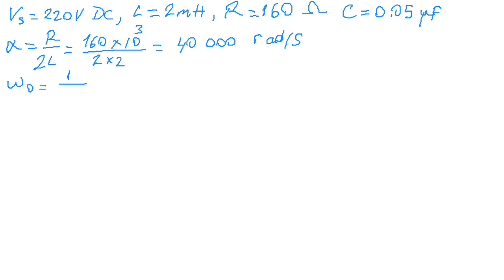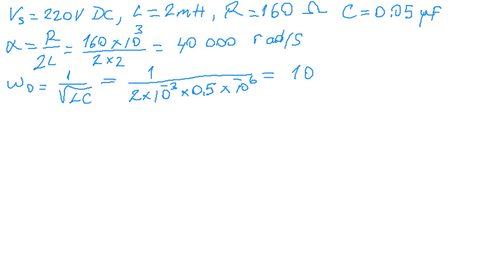Omega O is equal to 1 over square root of LC, equal to 1 over square root of 2 millihenry times 0.05 times 10 to the minus 6, equal to 10 to the power 5 radian per second.